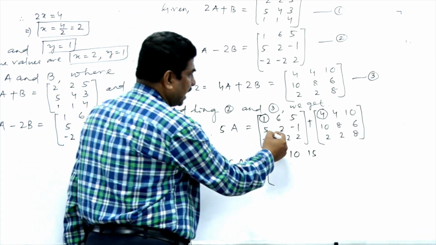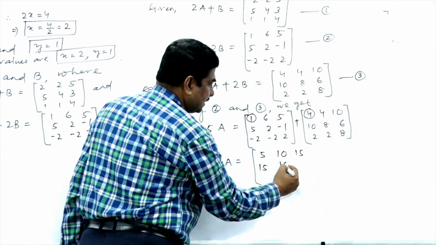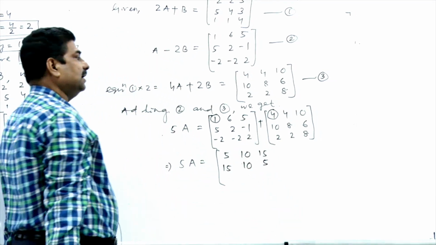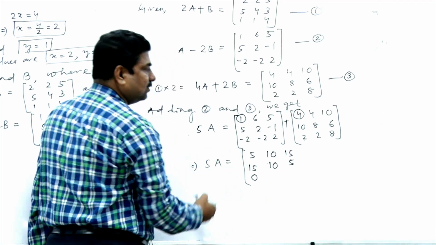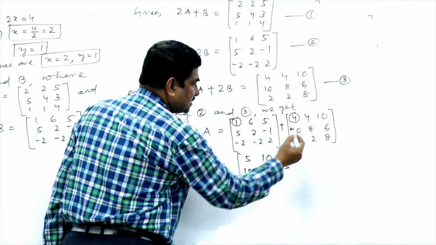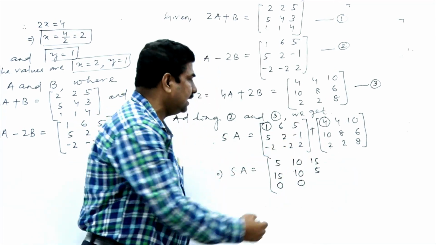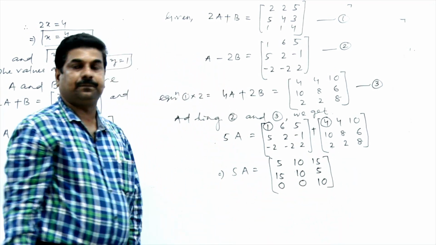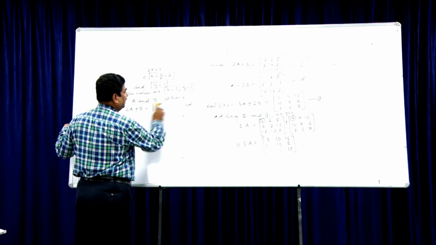Next one is 5 plus 10, 15; 2 plus 10 is 10; minus 1 plus 6 is 5. Next one is minus 2 plus 2, this one is 0. Again minus 2 plus 2, this one is 0. Next 2 plus 8, and this value is equal to 10. Then what will be the value of A?